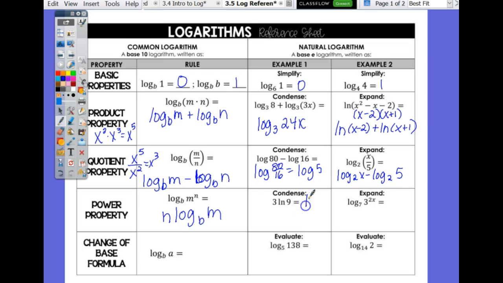Back to the 9. So I get ln of 9 to the third. So that's 9 times 9, which is 81, times 9 is 729. To expand, if it starts on top, where does it go? To the front.